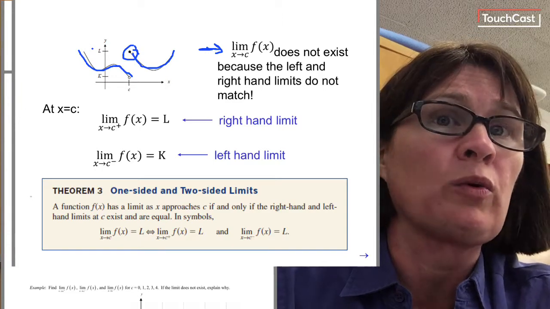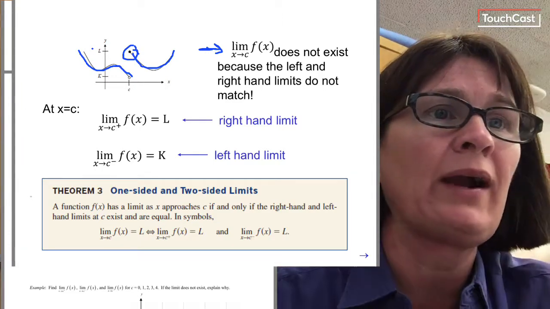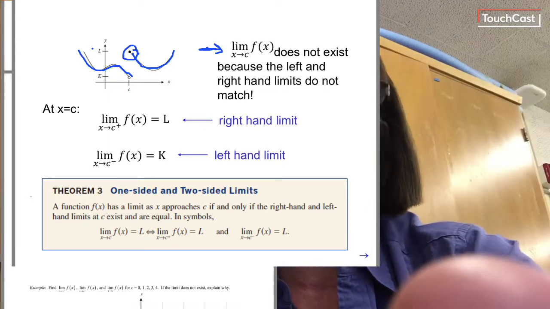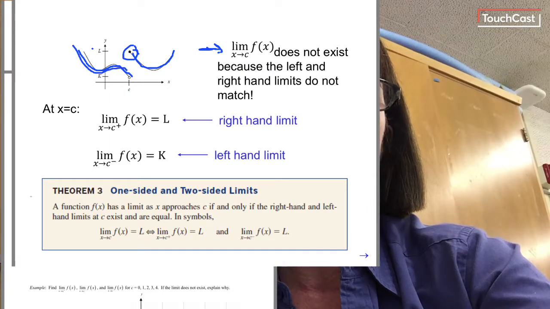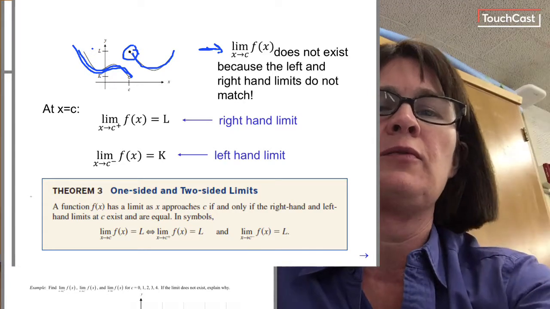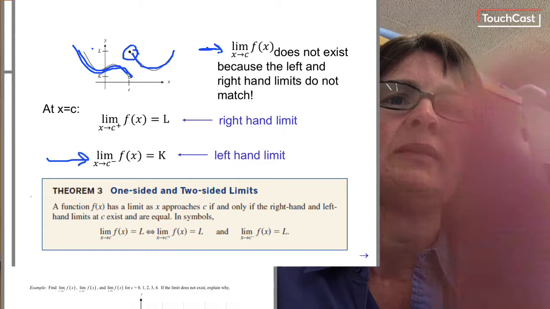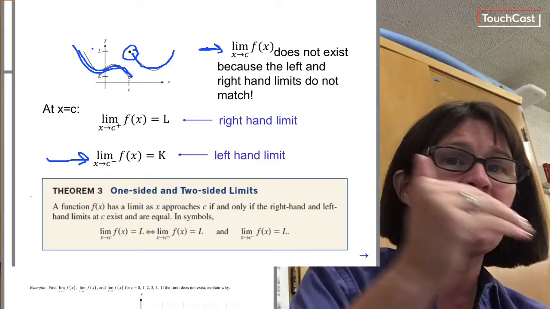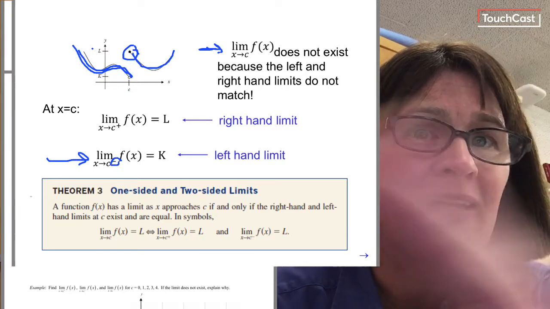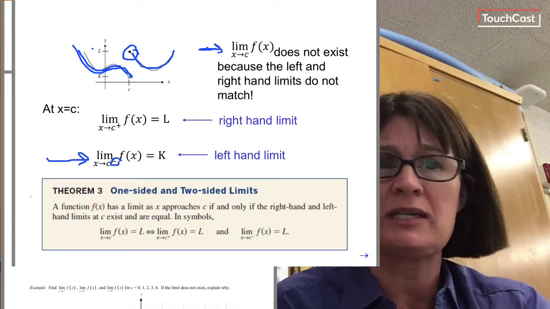If I walked toward C from the left-hand edge of the graph, that's this one, and we indicate that I'm approaching C from the left by having this little negative sign up there. That is not to say that C was negative.